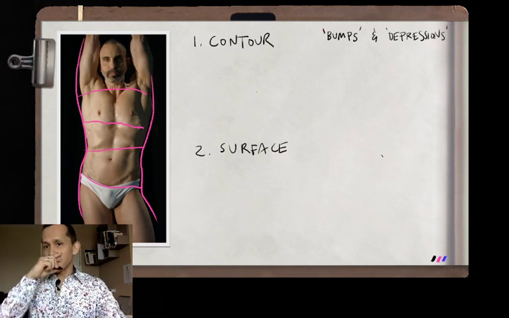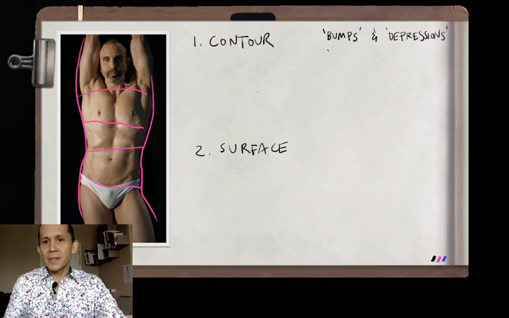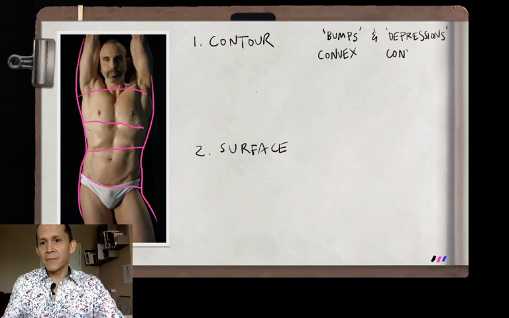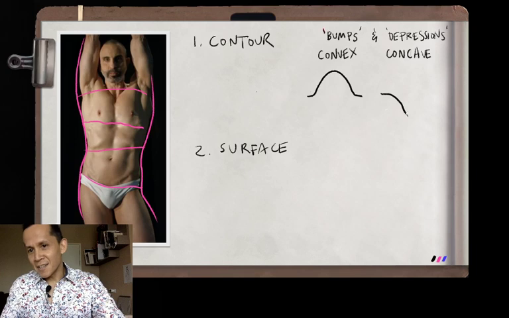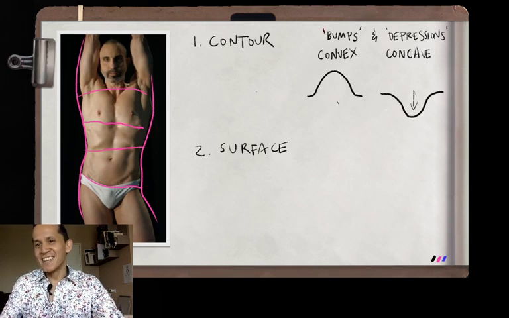That's really what I look for, also known as what's convex, it's a scientific word, and concave. Convex, concave. So basically there are things that are raised, they're bumpy, they go up, or there are things that go down. I hope that makes sense. We're looking for bumps and depressions.